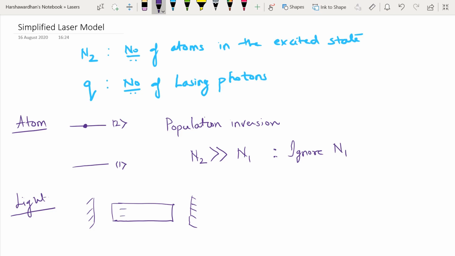Each of these is prepared in the excited state, right, through population inversion, and the light is bouncing back and forth within such a cavity. And part of this light that is bouncing back and forth is extracted as the lasing output.